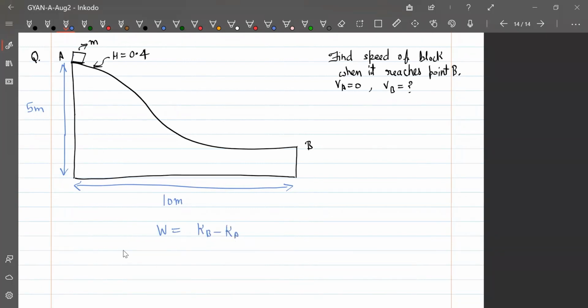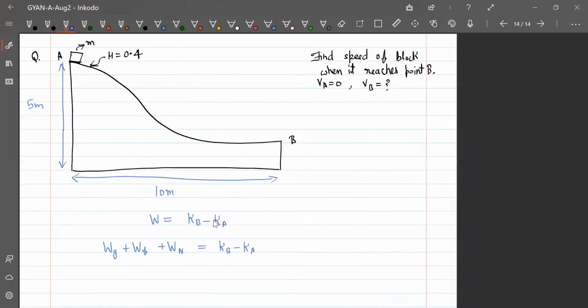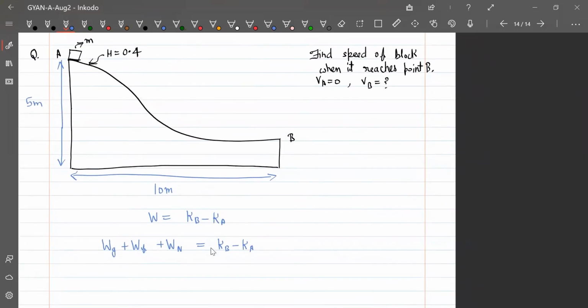There are 3 forces here: gravity, friction, and normal force. We can calculate each work individually and then find the velocity.